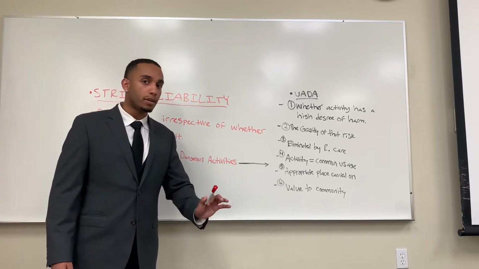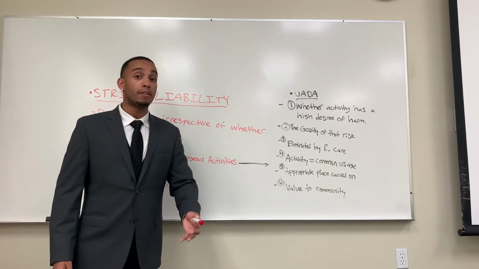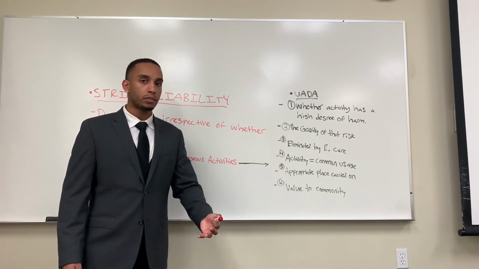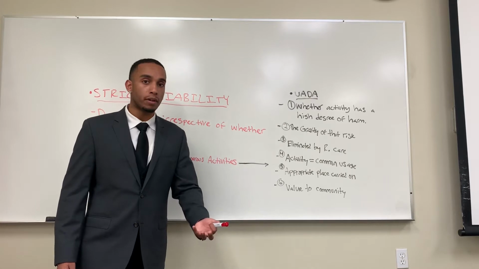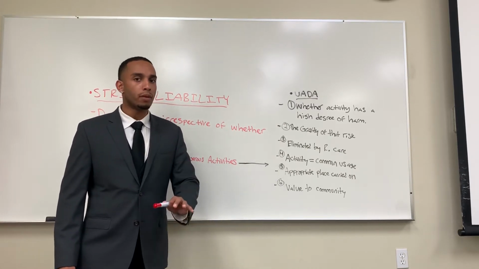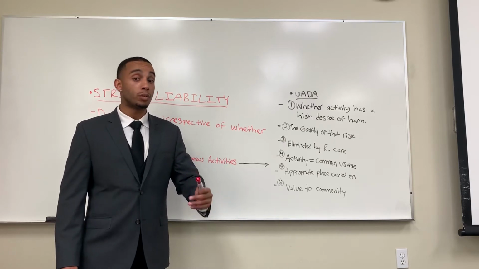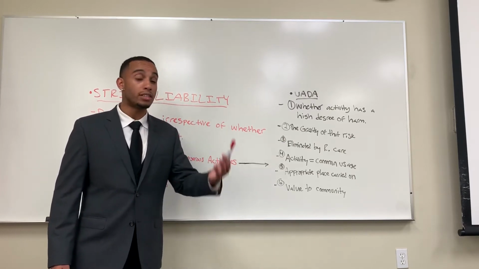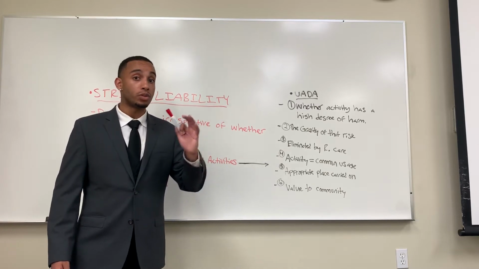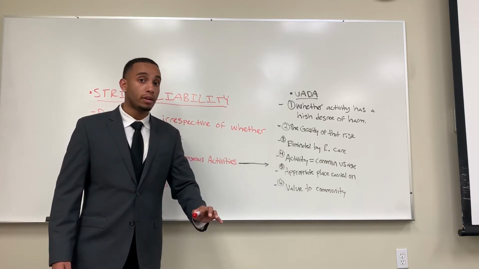Just like in negligence, the defendant is liable because the defendant was not reasonably careful. But in strict liability, it doesn't matter how careful the defendant was. As long as someone was hurt by the defendant's activity, the defendant will be strictly liable for what has happened.